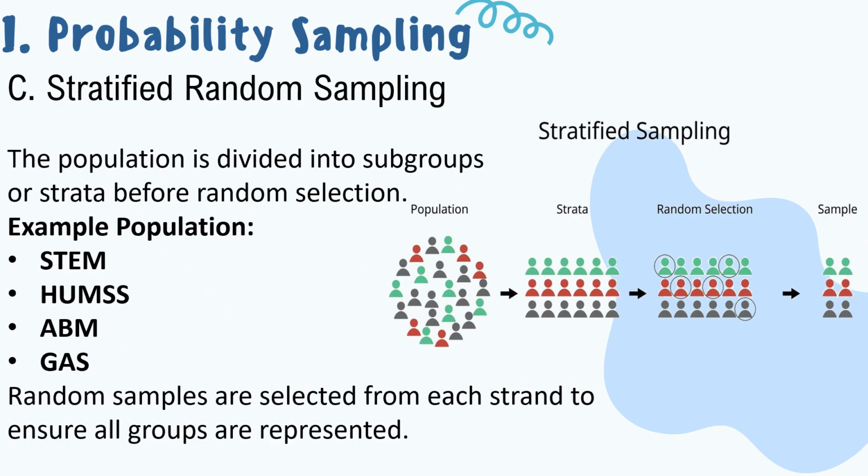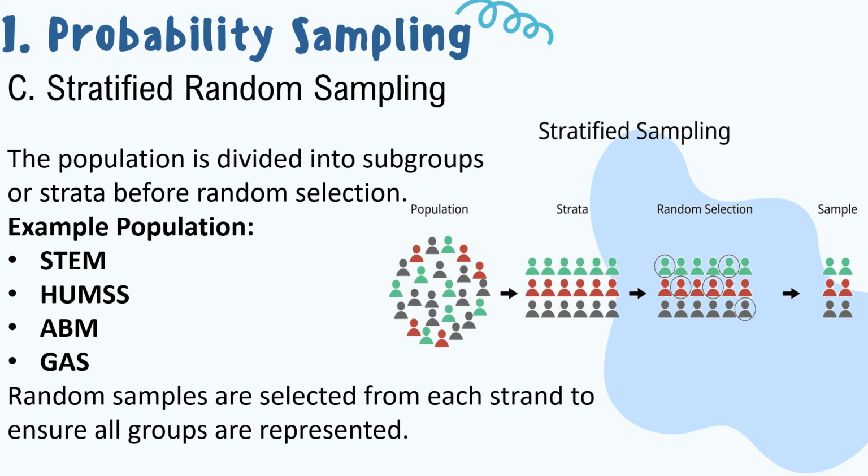Now we have stratified random sampling. So this is very important, especially for school-based research. So in stratified sampling, the population is divided into subgroups or strata before random selection. So for example, suppose our grade 12 population consists of STEM, ABM, GAS, HUMSS, TVL.